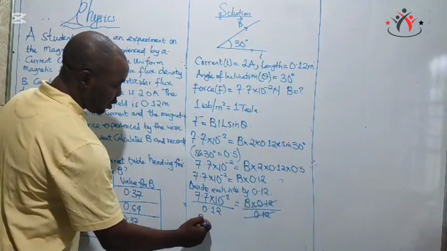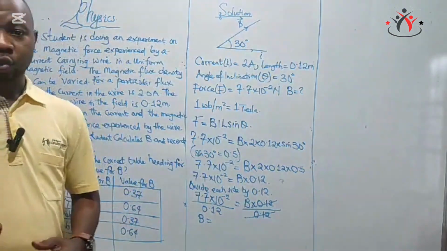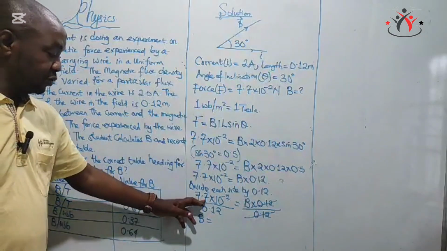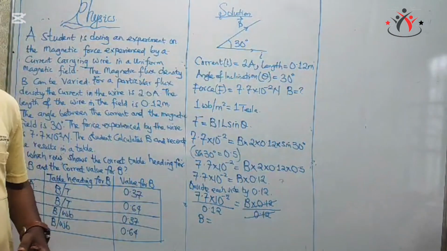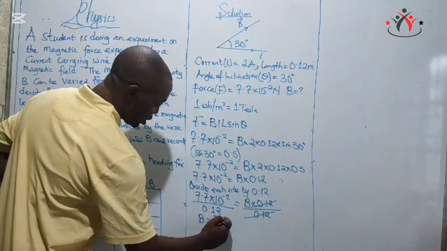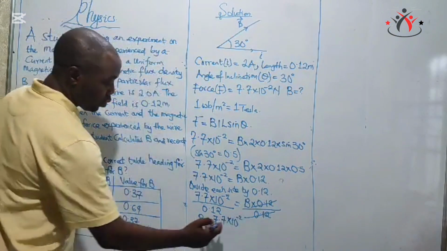So the value of B is what we get when we divide 7.7 times 10 to the power of negative 2 by 0.12.